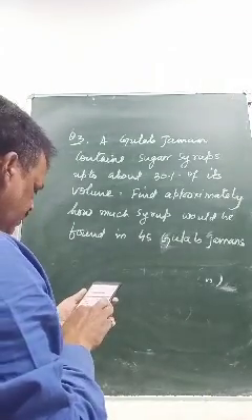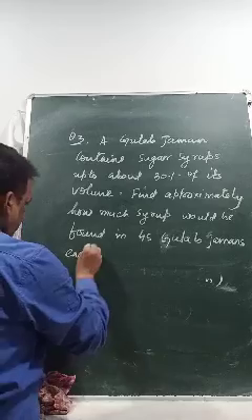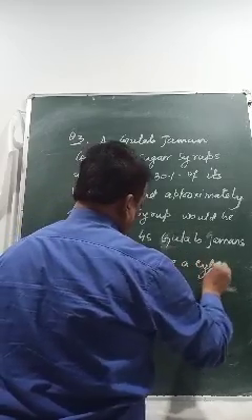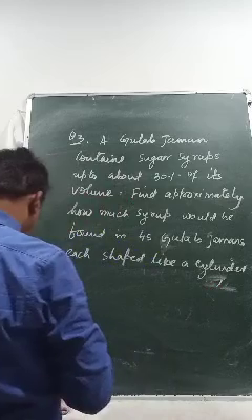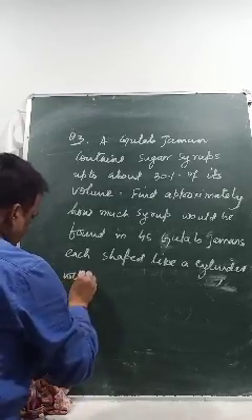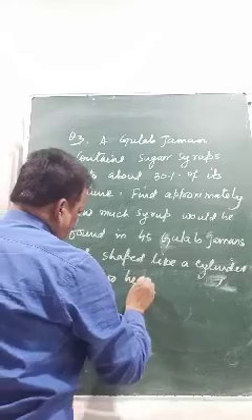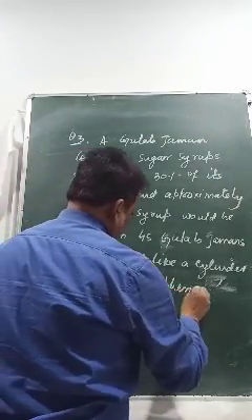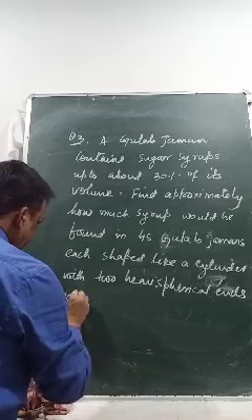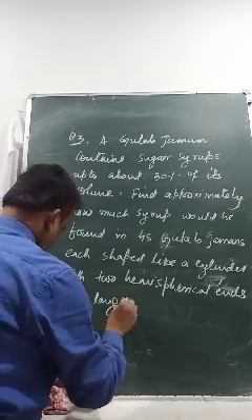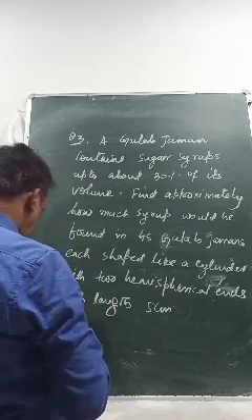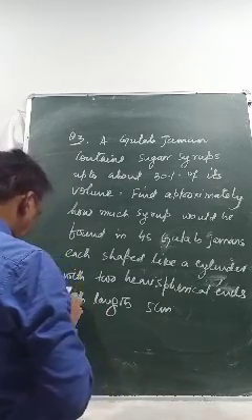45 gulab jamuns, each shaped like a cylinder with two hemispherical ends, with length 5 centimeter and diameter 2.8 centimeter.